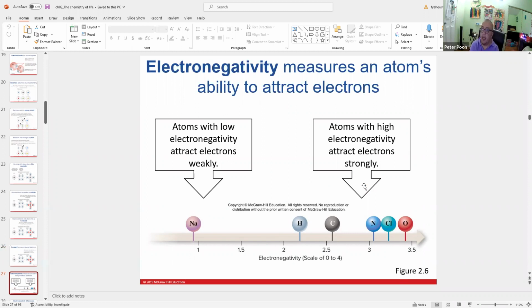Electronegativity measures an atom's ability to attract electrons. Atoms with very low electronegativity don't really want electrons. Atoms with really high electronegativity really, really want electrons. For example, oxygen really, really wants electrons.